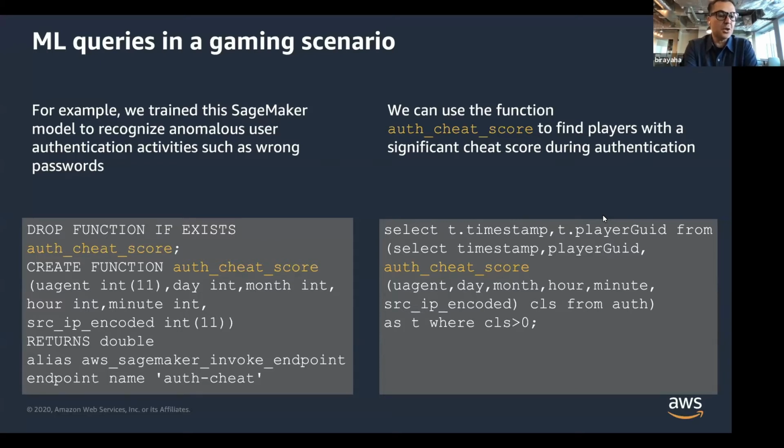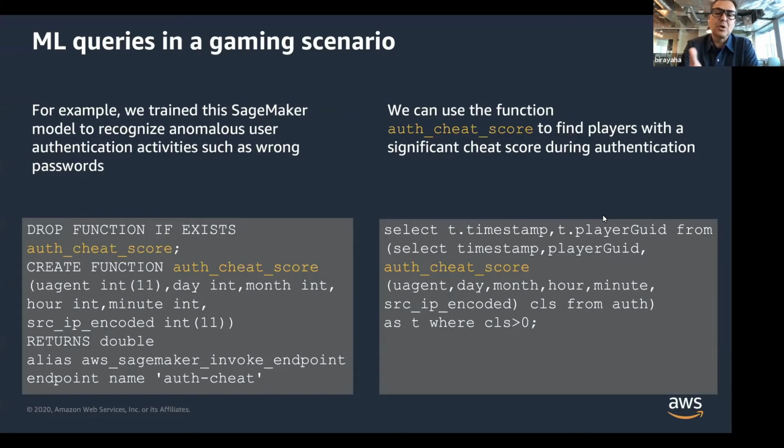In this case, it's the user agent, and I'm talking about the authentication, the user agent, the device that the customer came in and performed the authentication, the day, the month, the hour, and the minute, and the source IP that was used. Now, all these parameters will be sent to the SageMaker endpoint that is called auth cheat, and in return, it will give you the score. It will return the score that we wanted, right? As we could see on the right side with the select statement.